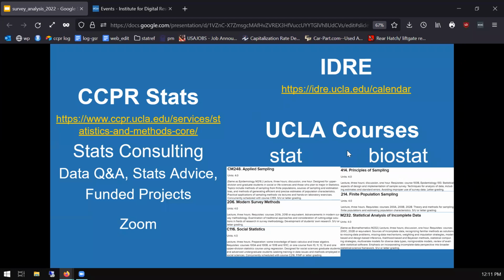And lastly, if you're a student and would like to formally get course credit, here are some courses from the stat department and biostat department that give you a more formal treatment of some of the topics we can only spend an hour and a half on. There's sampling, survey methods, and social statistics from the stat department. I think they're cross-listed.